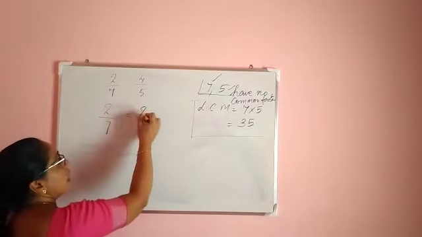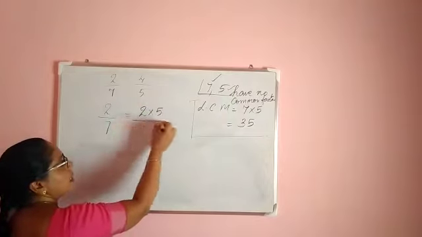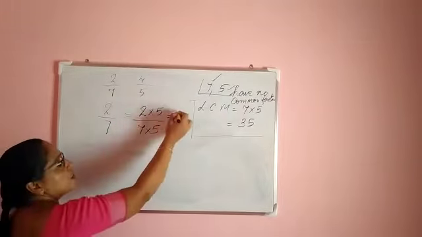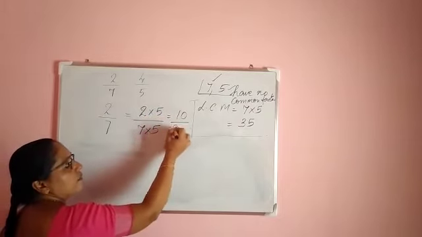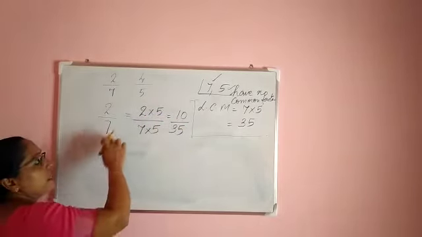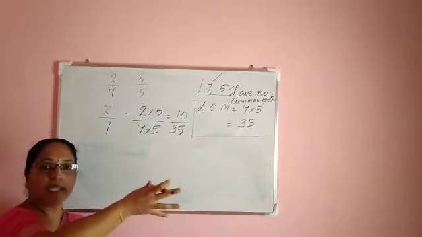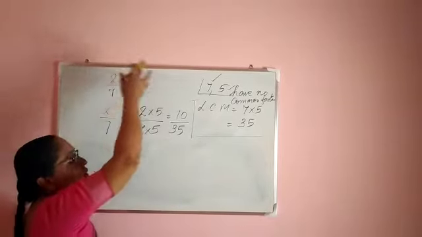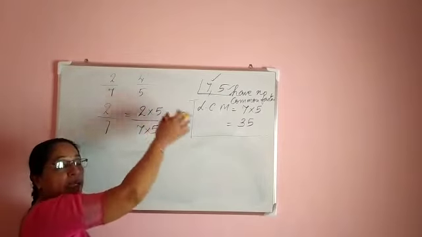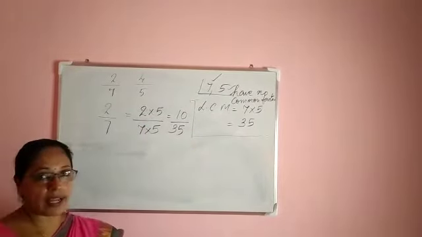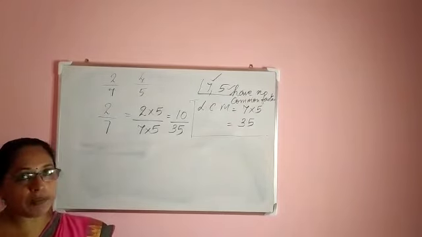So multiply 5 in the numerator and in the denominator. That is equal to 10 by 35. So 2 by 7 is 10 by 35. They are the same fraction, but converted into a bigger numerator and bigger denominator. Such fractions are known as equivalent fractions that you already learned in the previous class.